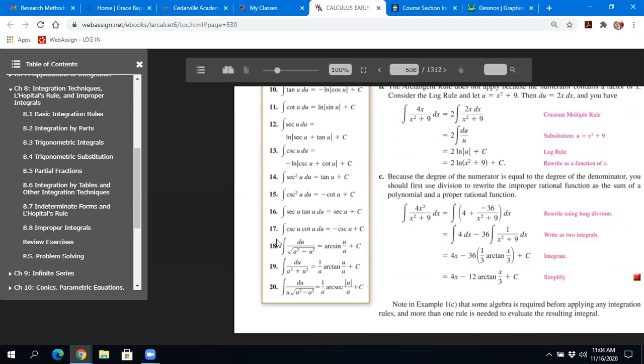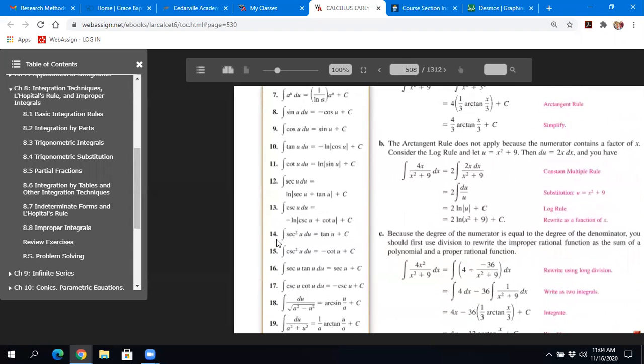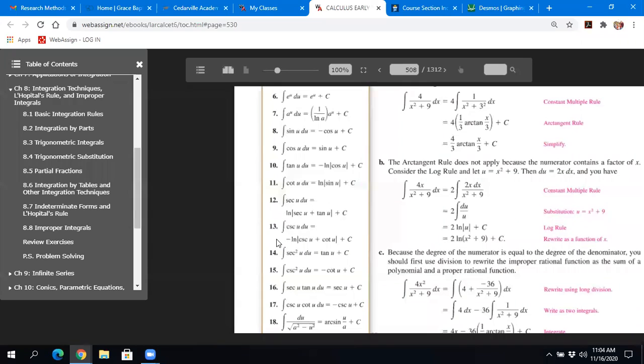But the main ones I want you to focus on are number 18 and 19, right? Those arc sine and arc tangent ones. Those are the basic forms there. The other ones are mostly straightforward, except for this obnoxious one right here, right? The integral of secant, which is logarithm, the absolute value of secant plus tangent. But you probably have that somewhat burned into your cognition as it is.